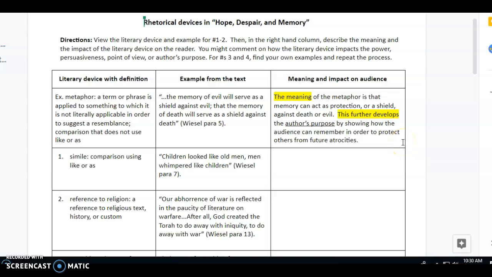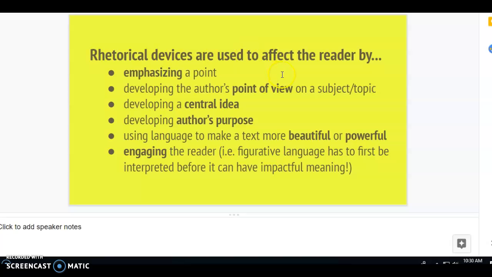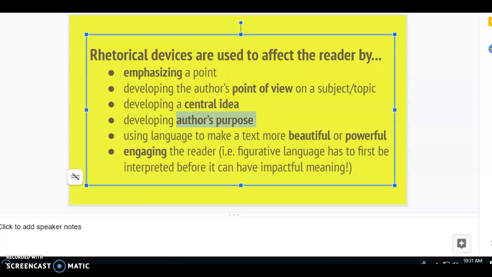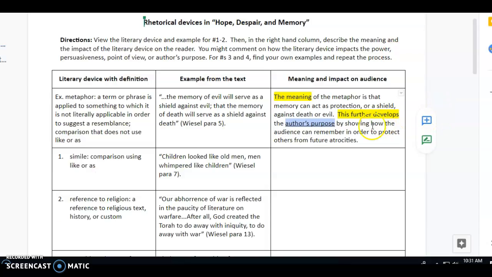So memory is protection or shield, and that connects to the audience, showing that they have the ability to protect others. And I underlined the effect. Okay, in this case it was author's purpose. It was helping develop author's purpose.